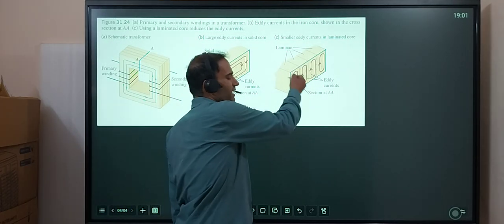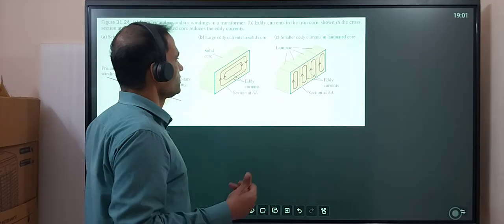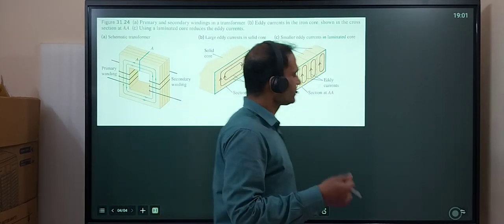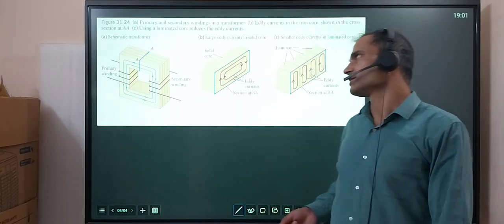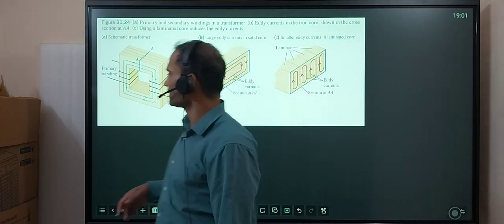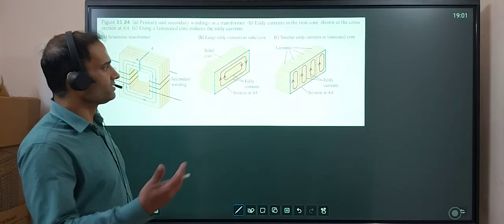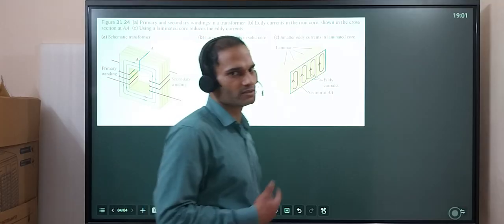When the path length is reduced, loss due to eddy current will also reduce, and using this we can achieve high efficiency of the transformer.